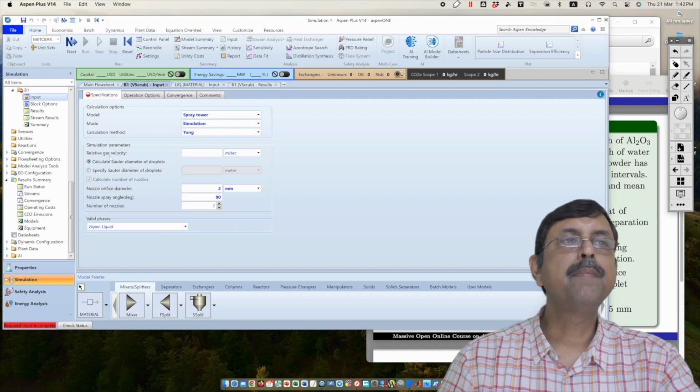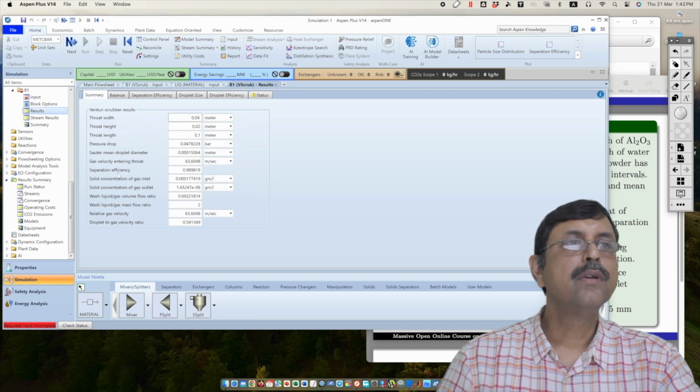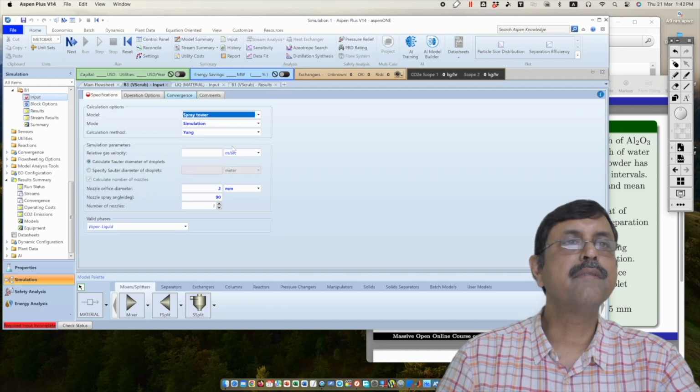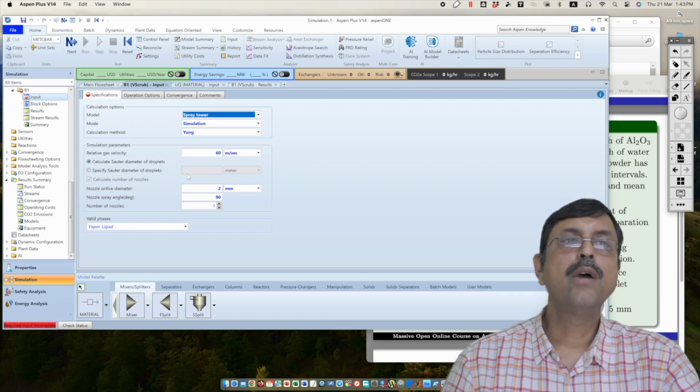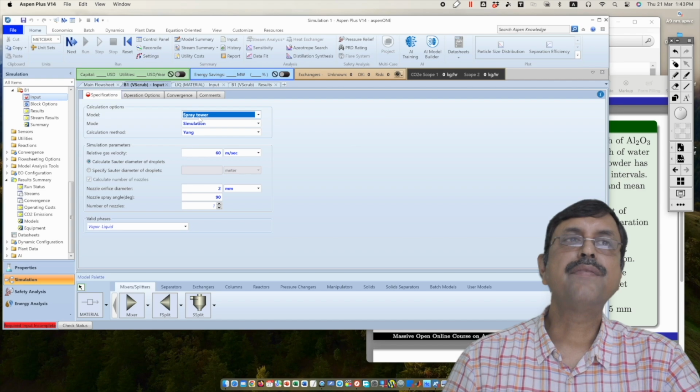And here you have to specify the relative gas velocity as well. So we do not have any information about that. Let us use this one, 63.6. Let us give some other value. Let us give the value of 60. Okay. Now here you notice, even after giving all the necessary information, it still says that required input incomplete.